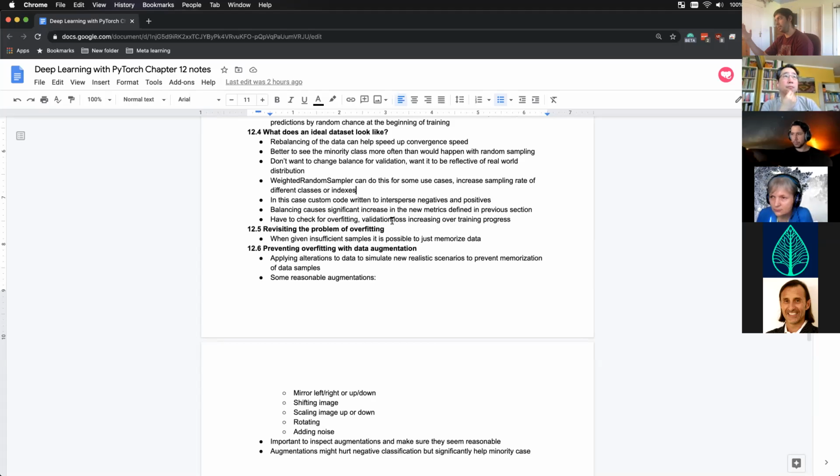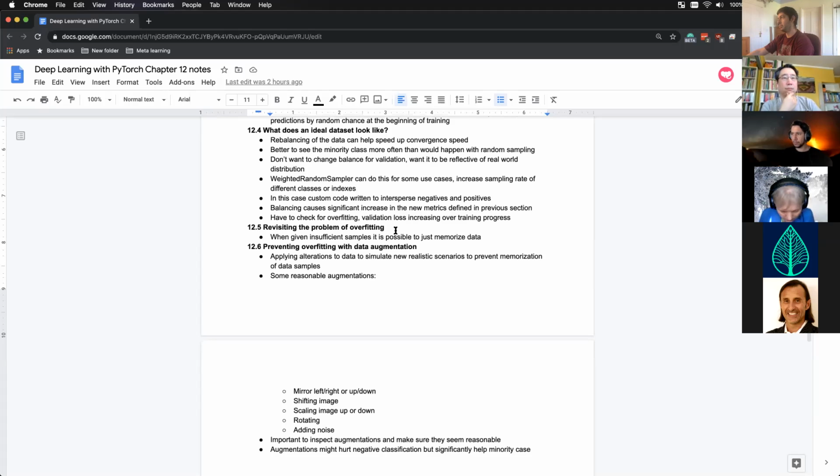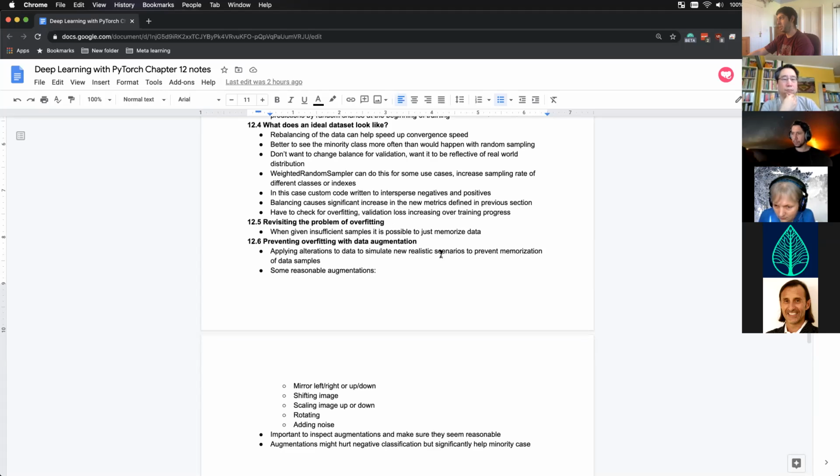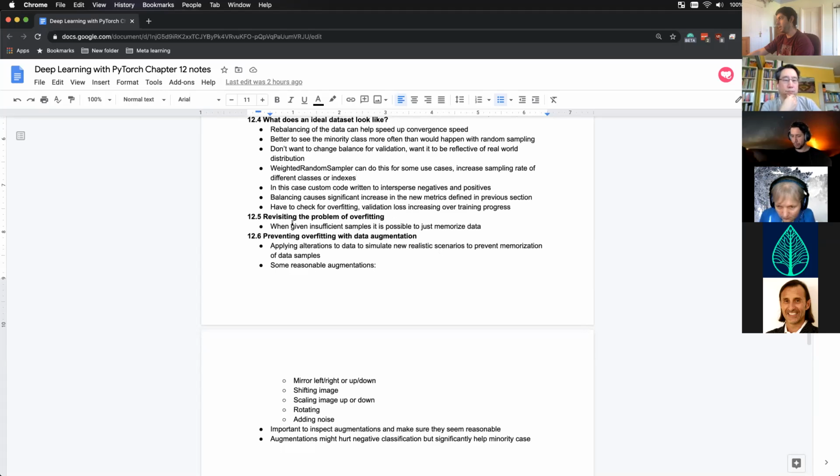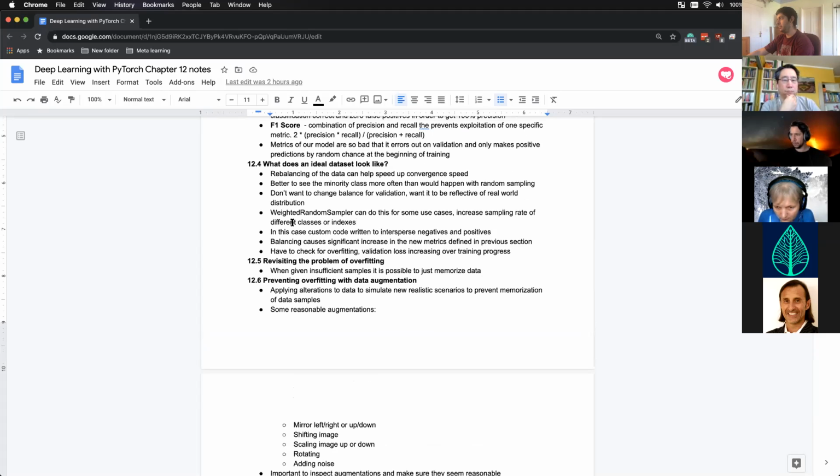People go, oh wow, I rebalanced and now I get a much better score, but it's on a validation set that they've rebalanced and isn't really indicative of future performance on real world data. So just something to keep track of. Any questions on 12.4?